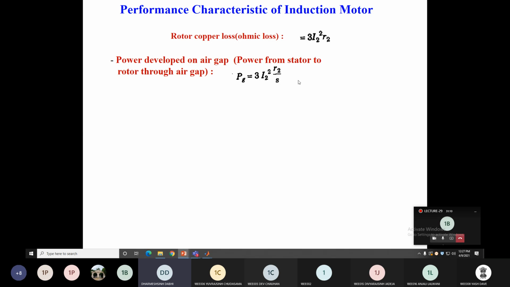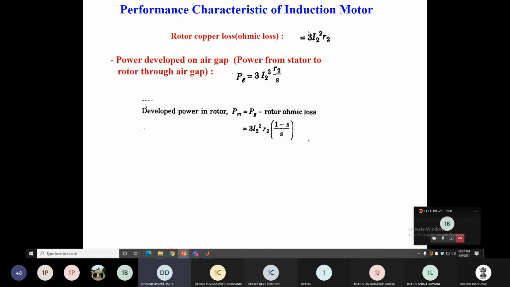How much power is developed in the rotor? Power developed in the rotor is equal to the air gap power PG minus the rotor ohmic loss.